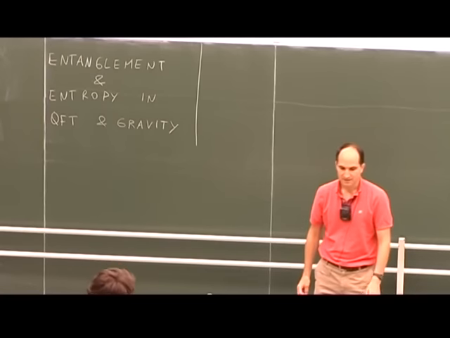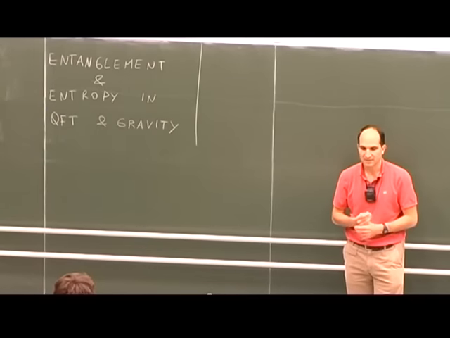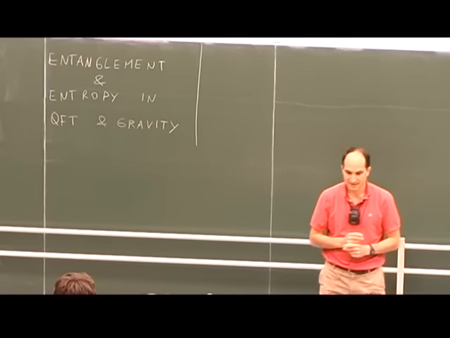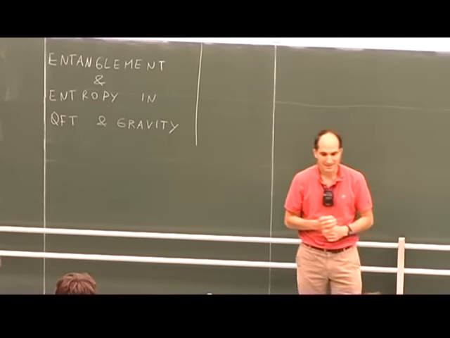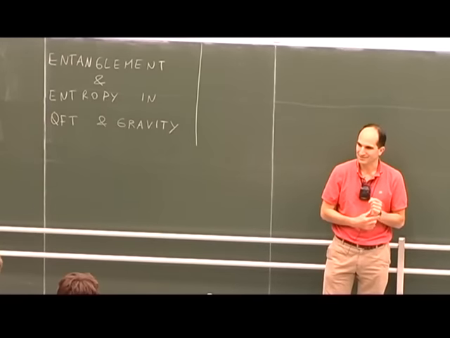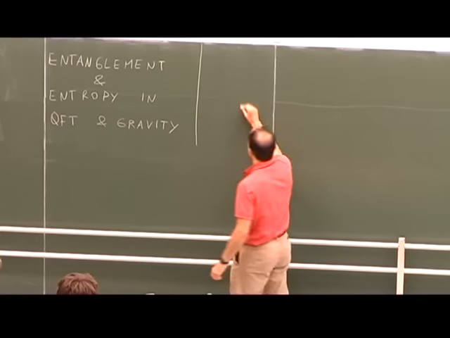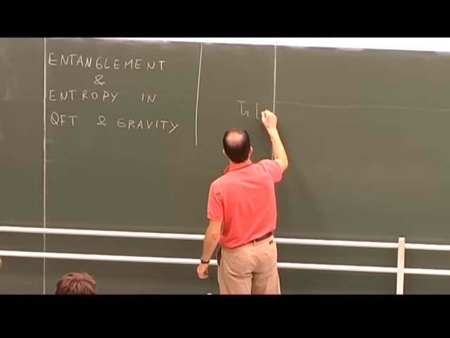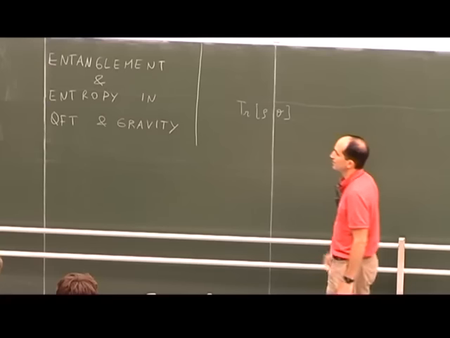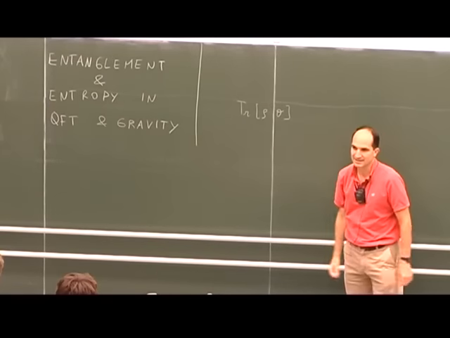Whenever we talk about entropy or entanglement entropy, people often say it is not quite observable, because observables in quantum mechanics are given by the trace of rho times O, where O is an observable, so all observables in quantum mechanics are linear in the density matrix.